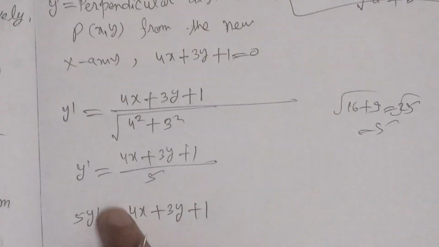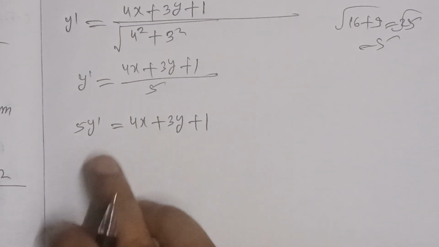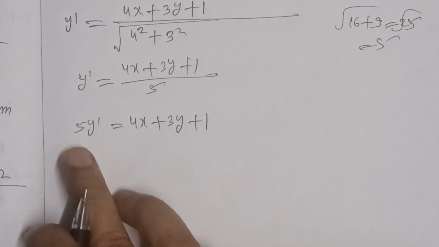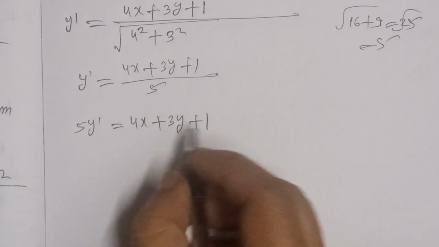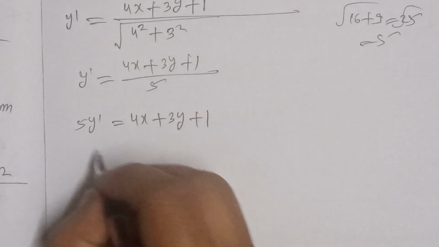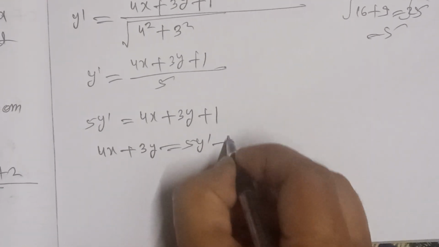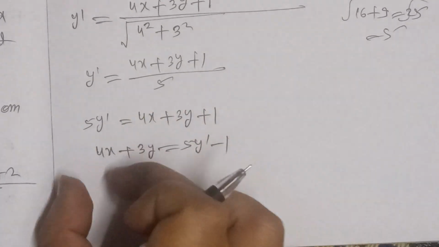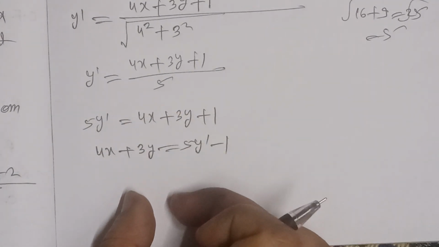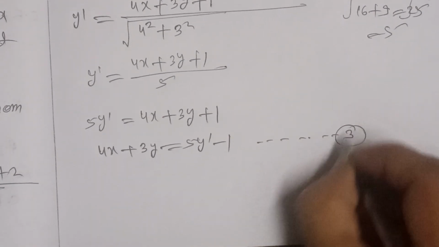So here we can find another equation with unknowns x and y in terms of x dash and y dash. Transpose 1 to the left hand side, this sign becomes minus, and we get 4x plus 3y is equal to 5y dash minus 1. I write this value on the left hand side and this value on the right hand side. There is no change now. And I write this as equation 3.